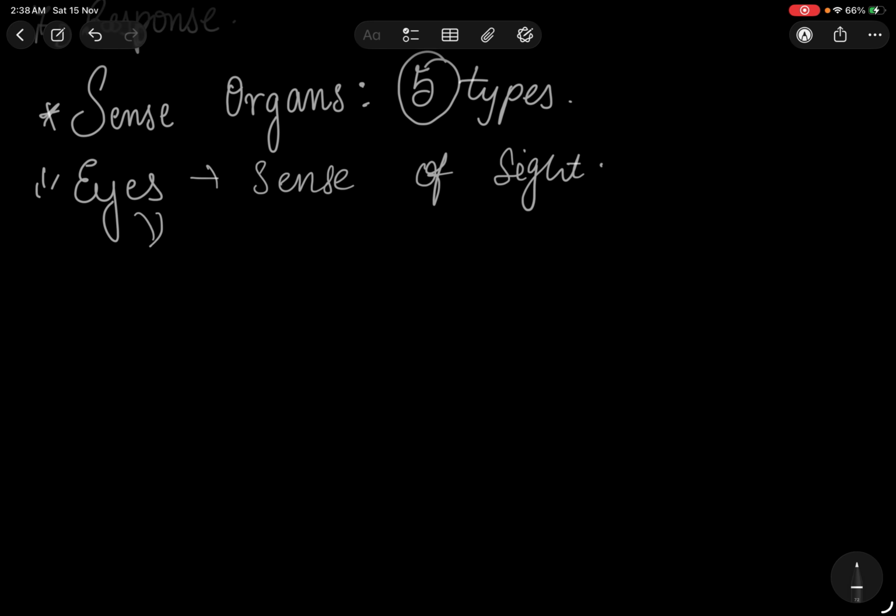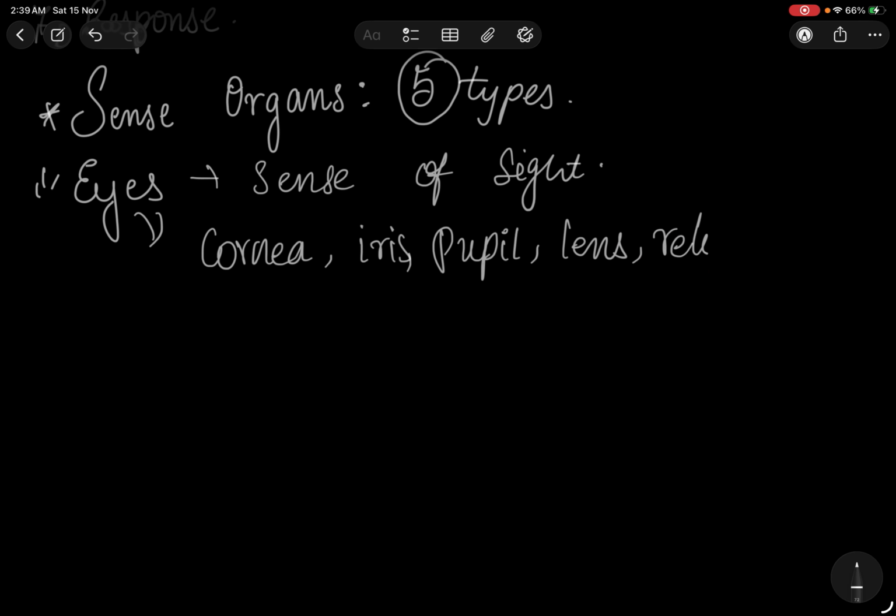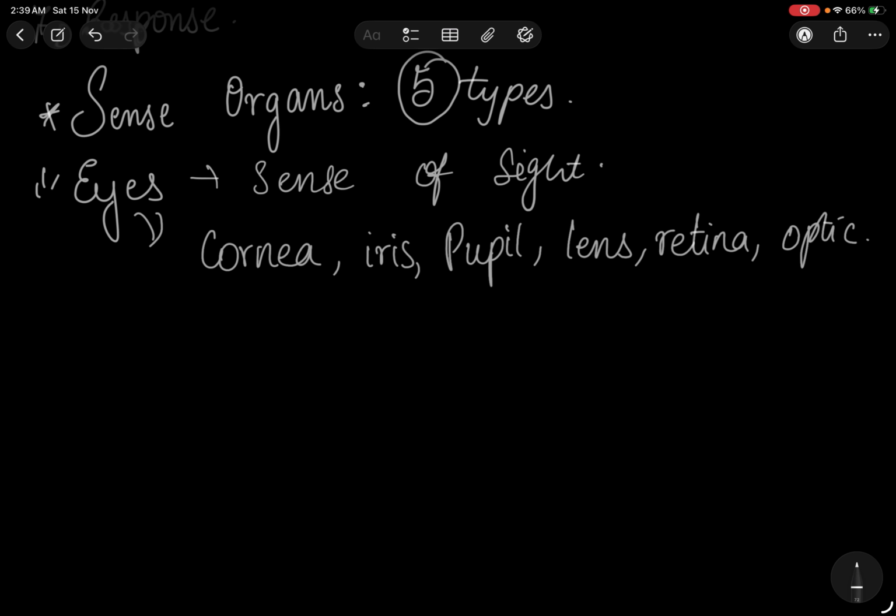So what are the parts in the eyes? That is cornea, iris, pupil, lens, retina, and optic nerves. And also it detects light, colors, and also shapes.